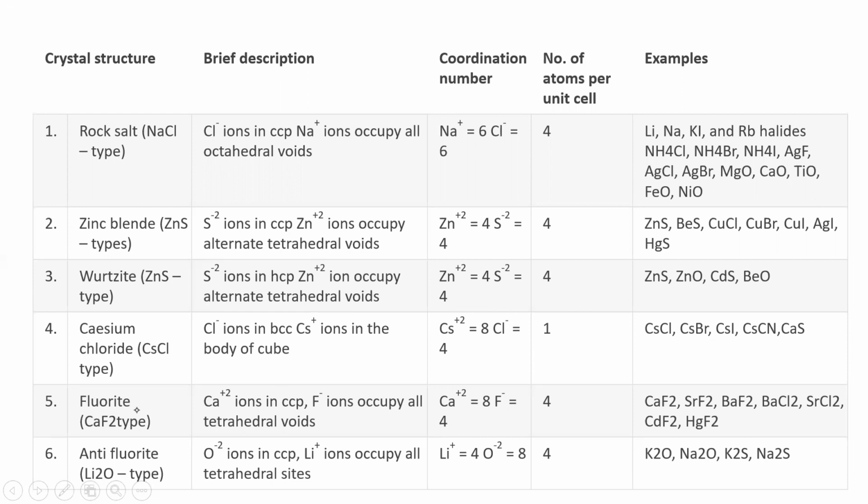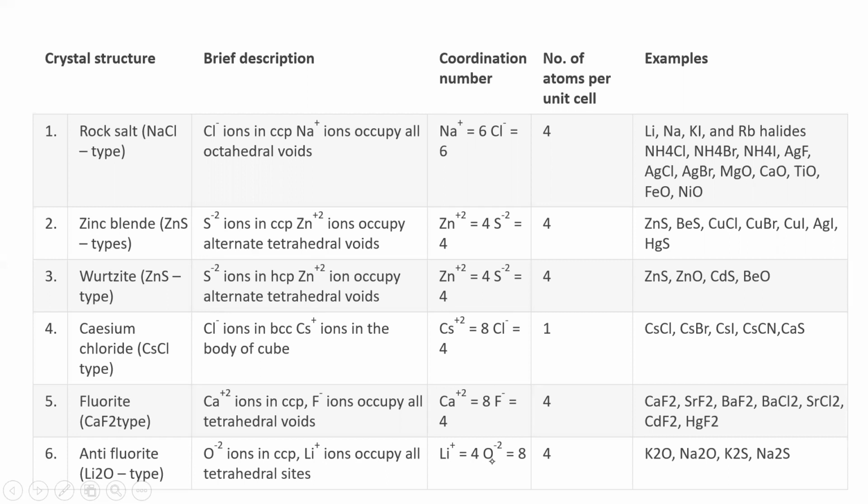Next, fluorite type structure, CaF2, in which calcium ions occupy CCP, that is all the corners and face centers, and F- ions occupy all the tetrahedral voids. So the coordination number is 8:4, and examples are AB2 type salts. Next, the antifluorite structure, A2B type, where O2- ions occupy CCP and cations occupy all the tetrahedral sites.